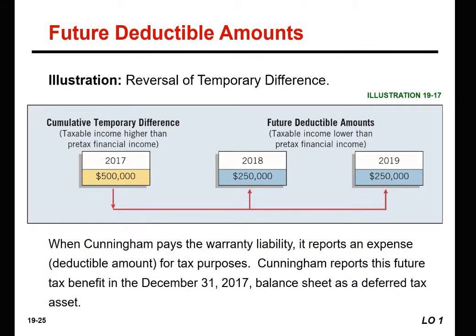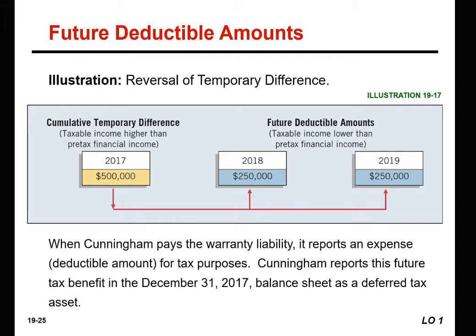So the reversal of the temporary difference would be that there's an expectation of future deductible amounts. We would have lower taxable income than pre-tax financial income in future years when we pay the warranty liability. We would then be allowed to report it as a deductible amount for tax purposes.